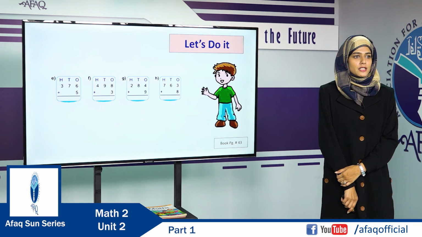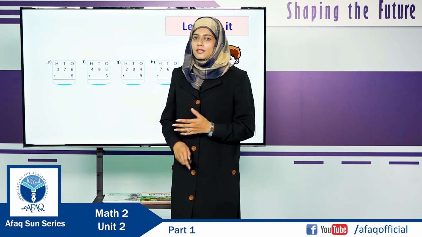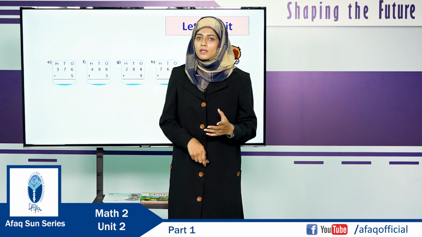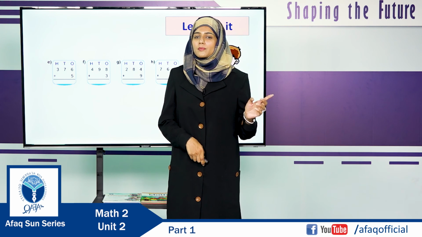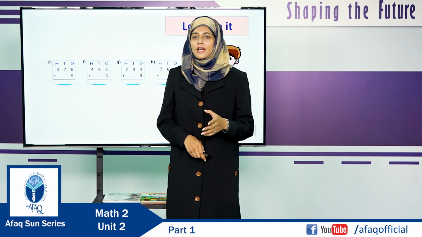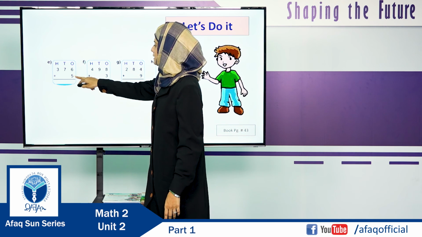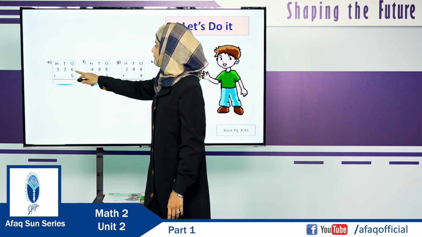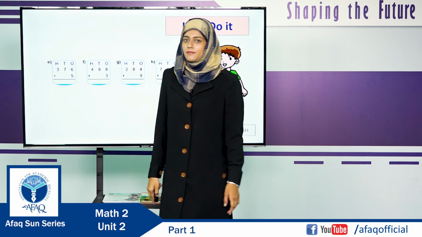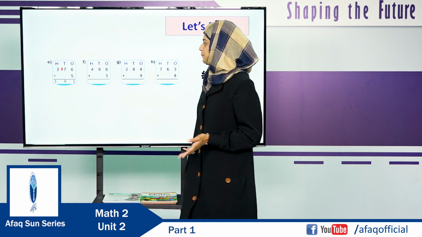I will solve first for you. Now there is a rule in addition. What is the rule? We have to start from the right side. First of all, we have to add ones in ones. Let's add ones in ones. What is the answer when we add 6 plus 5? Yes, it's 11.